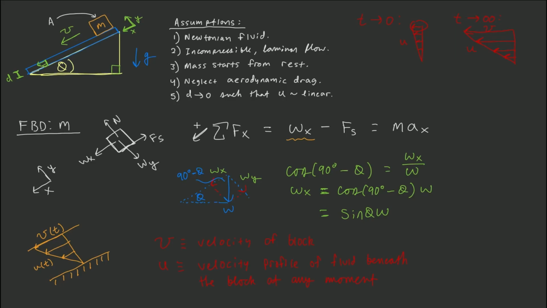So basically, at any given time, t, Newton's law of viscosity will apply. The velocity of the block big U is a smooth function of time. And so the velocity profile of the fluid beneath the block, little u, will also be a smooth function of time, and therefore the shear stress will be a smooth function of time. And so Newton's law of viscosity applies at every single snapshot in time of that velocity profile as it evolves beneath the moving block.